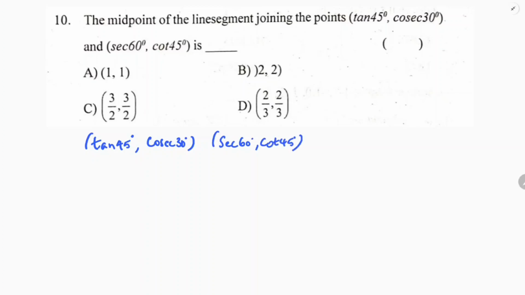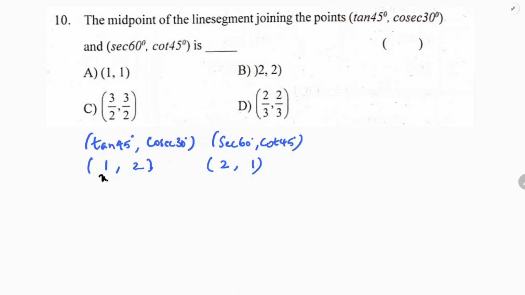We need to find the midpoint. So before that, let me write the values. Tan 45 is 1, and cosec 30: sin 30 is 1 by 2, so cosec 30 is 2. And sec 60: cos 60 is 1 by 2, so sec 60 is 2, and cot 45 is 1.